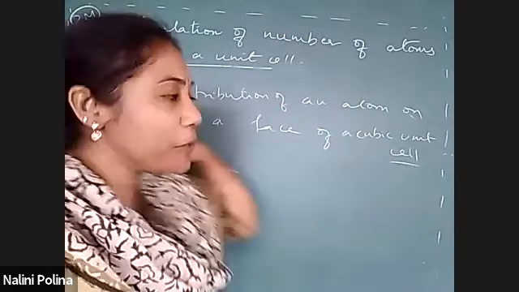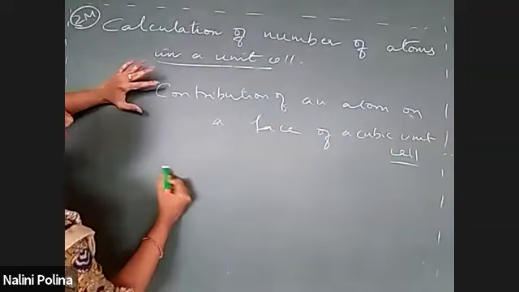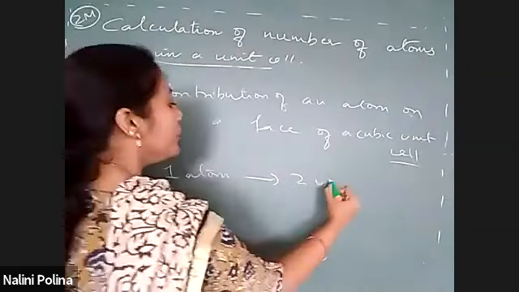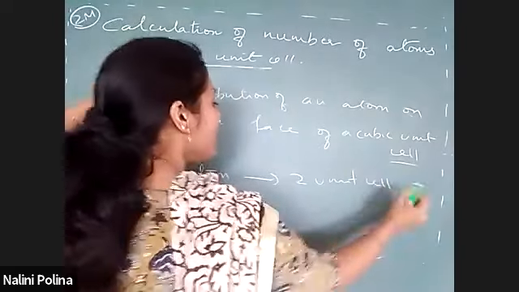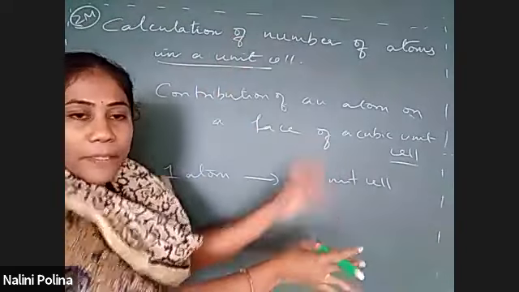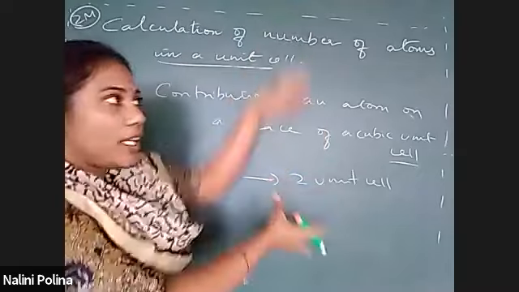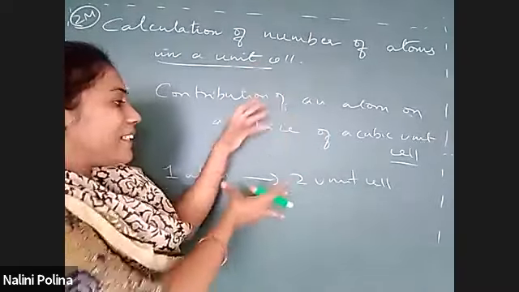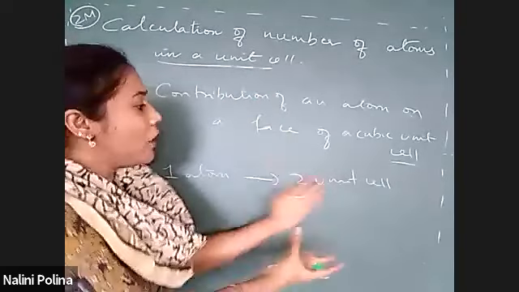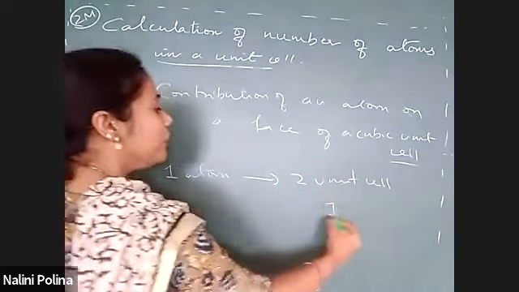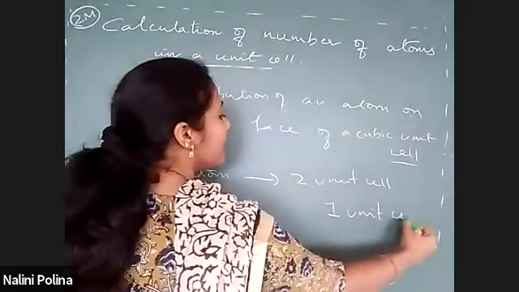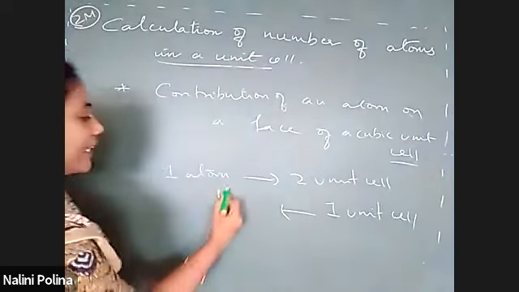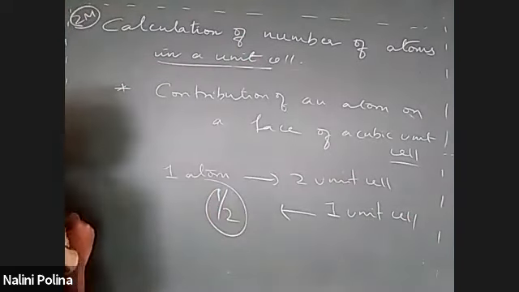See, one atom is shared by two unit cells, right? Because the face is common for two unit cells. The wall is common for two classrooms. So any atom which is present on this wall belongs to two unit cells. So how much of the atom actually belongs to one unit cell? It is 1/2, right? It is 1/2.